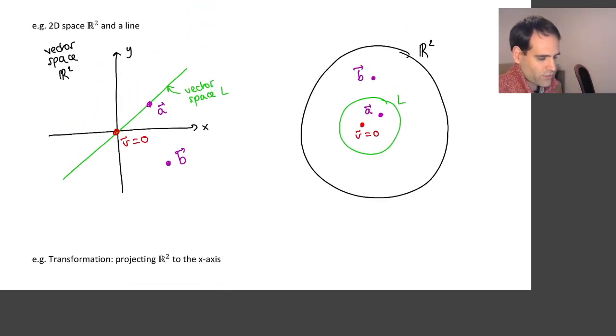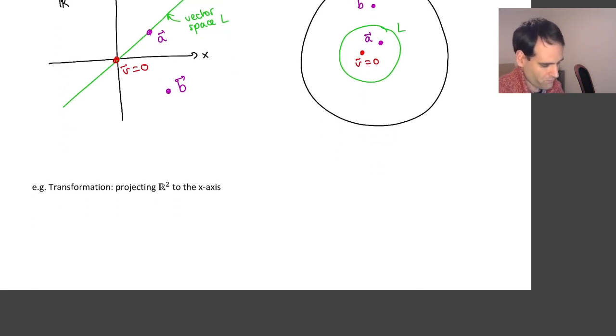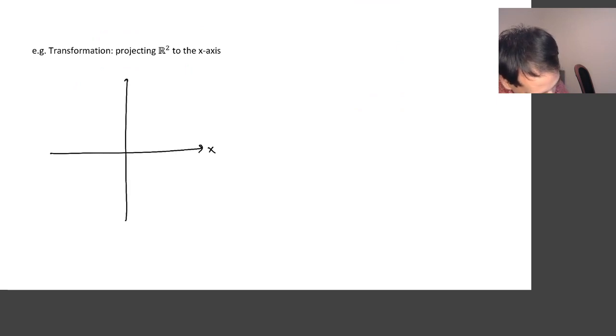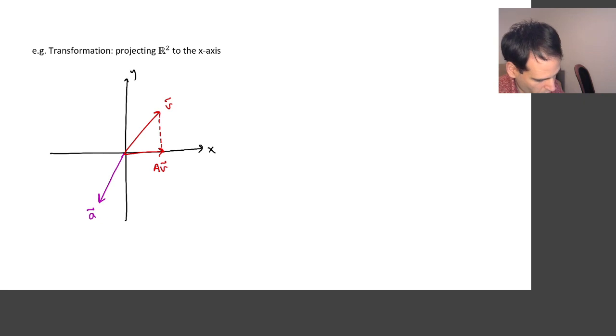And now we can apply this to vector transformations. So for example, imagine a vector transformation which projects R squared into the x-axis. What does this mean? If we start with this vector v, we project it down to the x-axis and we end up with this vector A times v. If we started with this vector a, we project it down to the x-axis and we end up with this vector A times a.